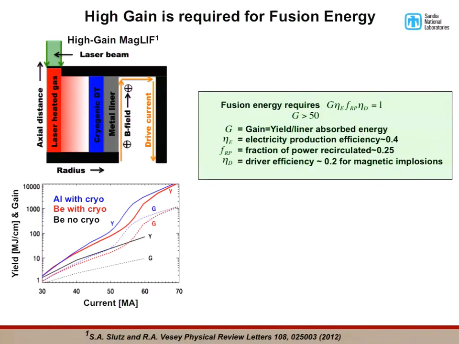And for fusion energy, you're going to need a gain per implosion of at least 50, because when you consider the whole system, which is the electric production efficiency and the fraction of power recycled and the driver efficiency, all that has to be much greater than 1. So you're going to need a gain much greater than 50. So that's what has got us pretty excited lately. But this, again, will be for a future accelerator.